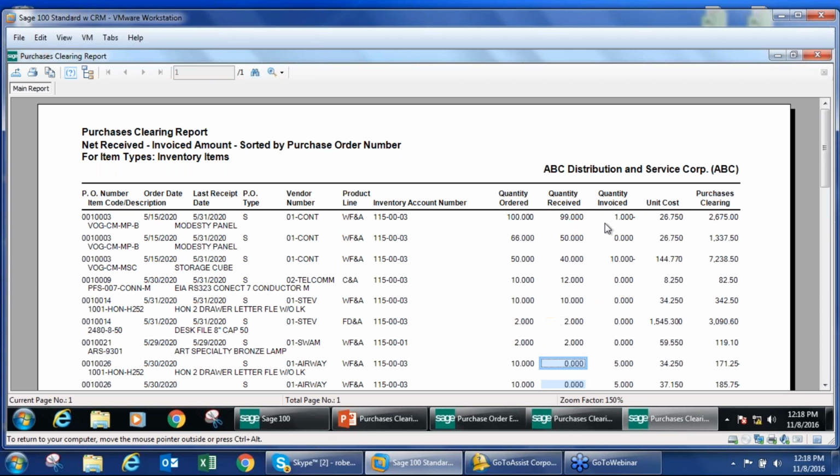So these types of issues essentially leave our purchases clearing GL balance in limbo. And so to correct it, in this case, if we missed the quantity received, we will want to process a receipt of goods for 5, but understand that by doing this, we will now have erroneously increased our inventory once for this receipt of goods and once prior when we did a physical count or cycle count and it added 5 units.